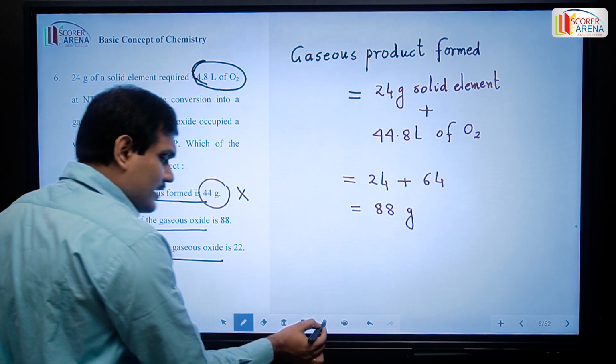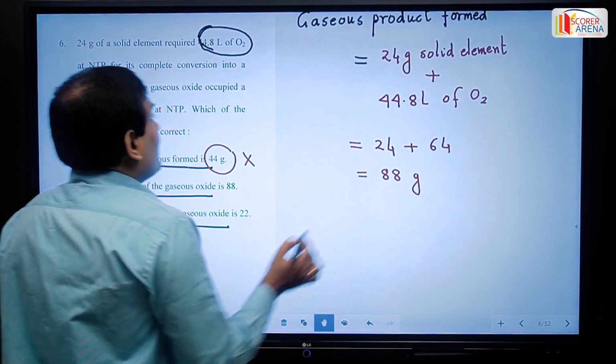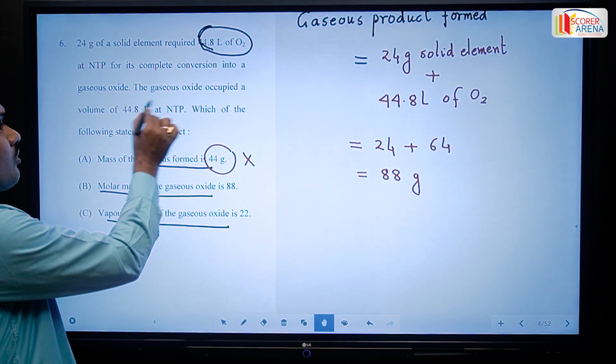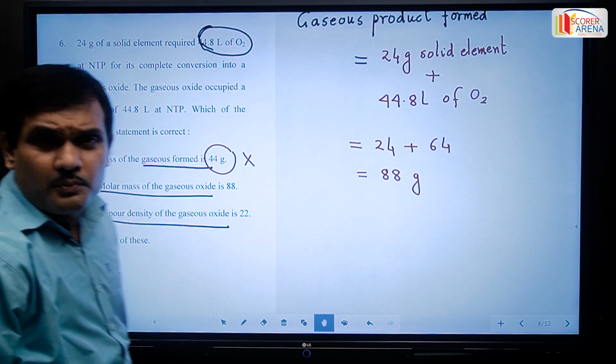Now the next case, this gaseous oxide will occupy a volume of 44.8 liters.